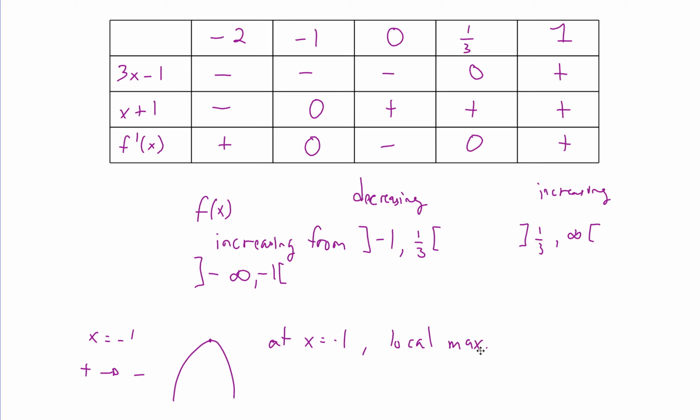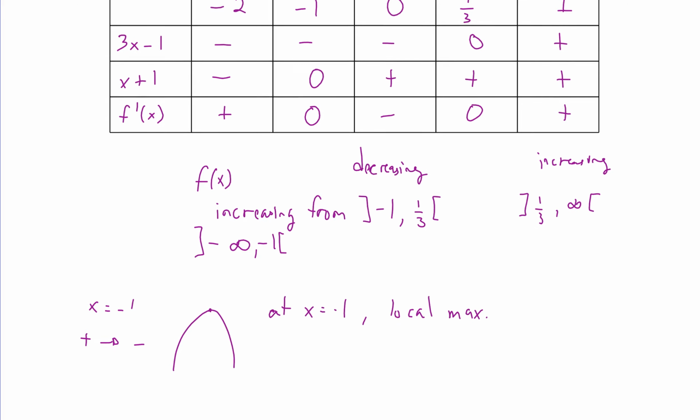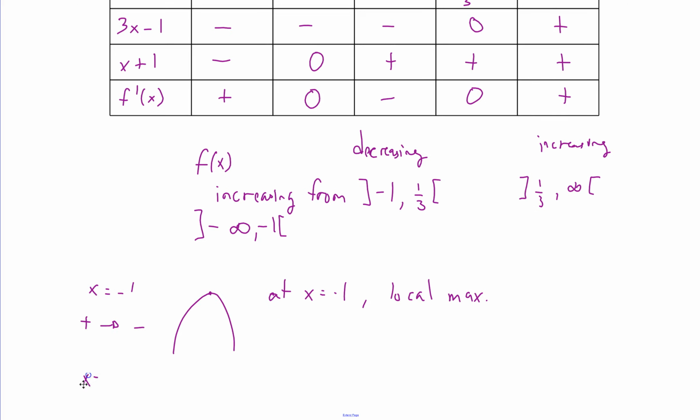And here we have something that is decreasing and goes to positive at x equals 1/3. So we have something like that, and then like that. Therefore, it's a local minimum.